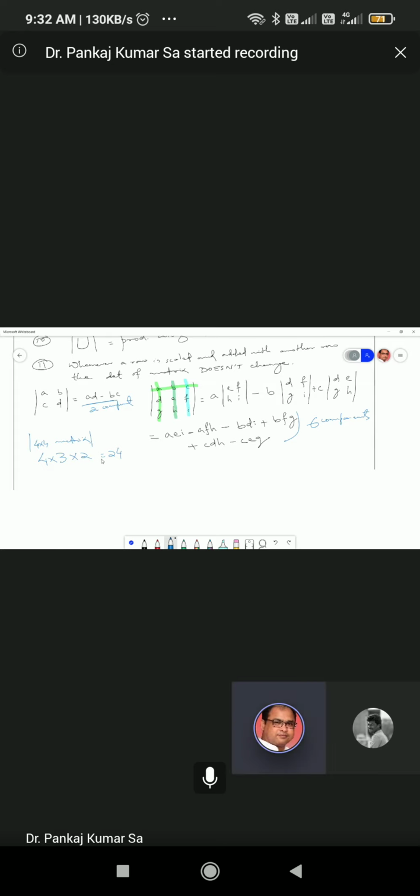Determinant of 4 cross 4 matrix, 24 components would be there. Or basically speaking, for an n cross n matrix, this is actually factorial n. And for a computer science guy, if anything is factorial, then you are in big soup. Order of factorial, it's a deadly one that I need not say.